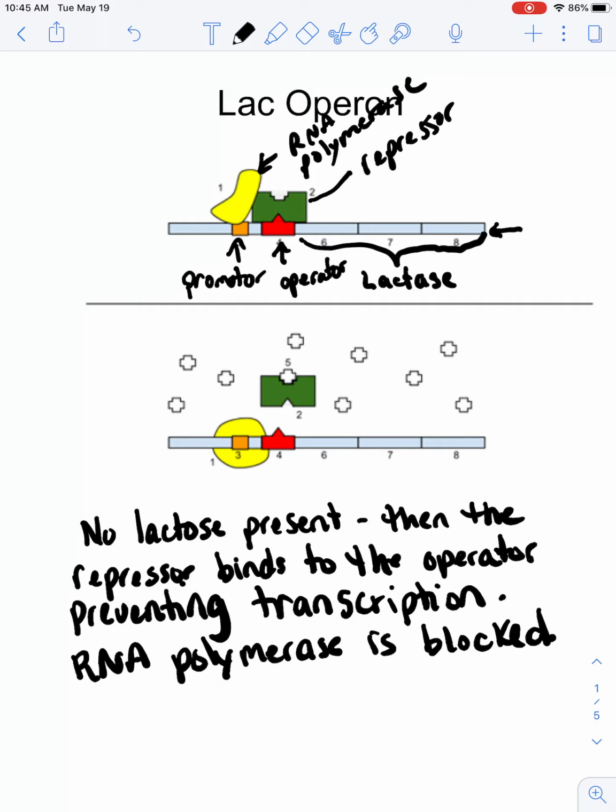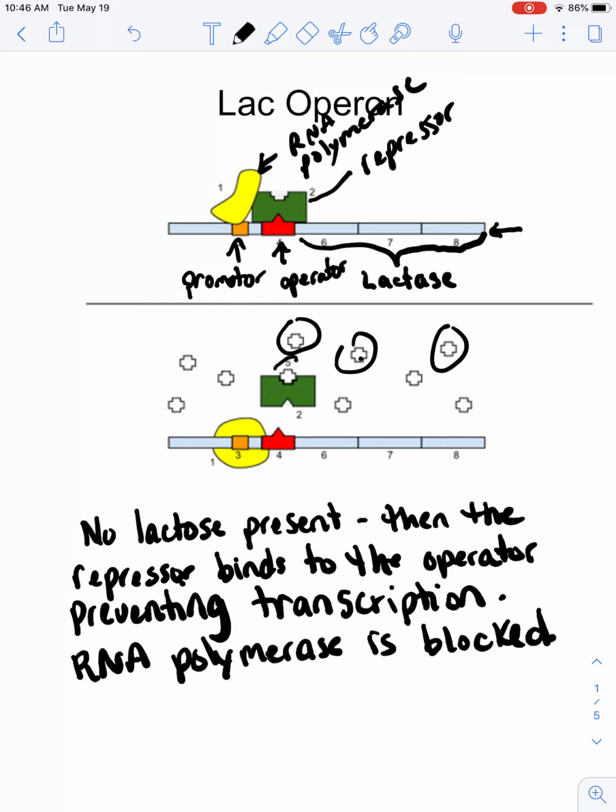However, as soon as lactose enters into the system, then something different happens. So here, these represent lactose. If we're looking at a bacteria, it pulled some of this sugar in. And now it's inside the cell, and the lactose will bind to the repressor.